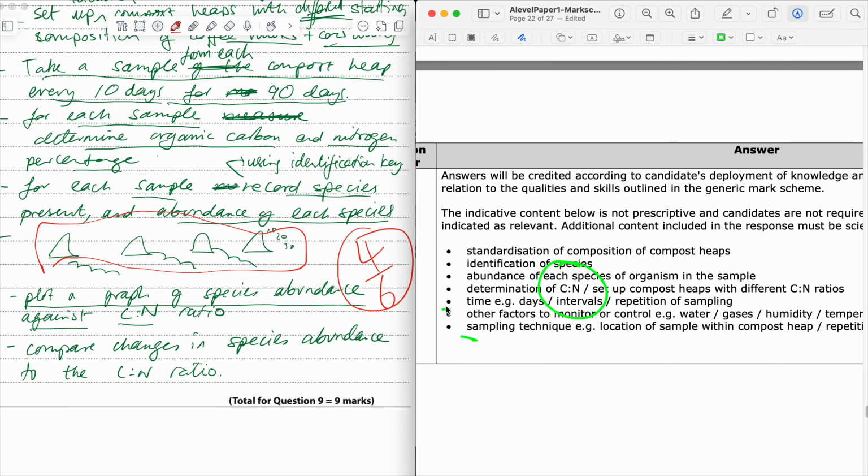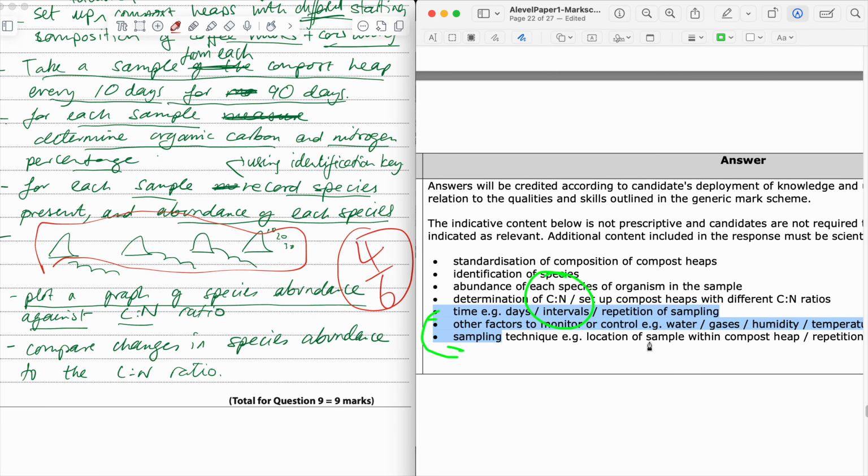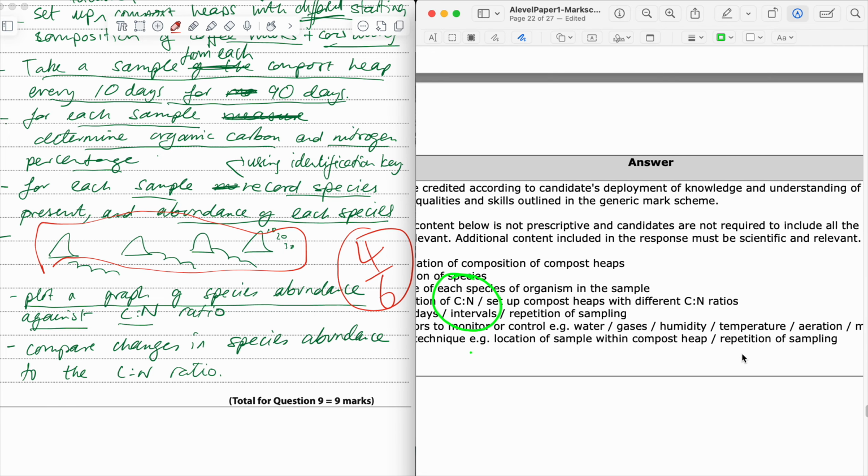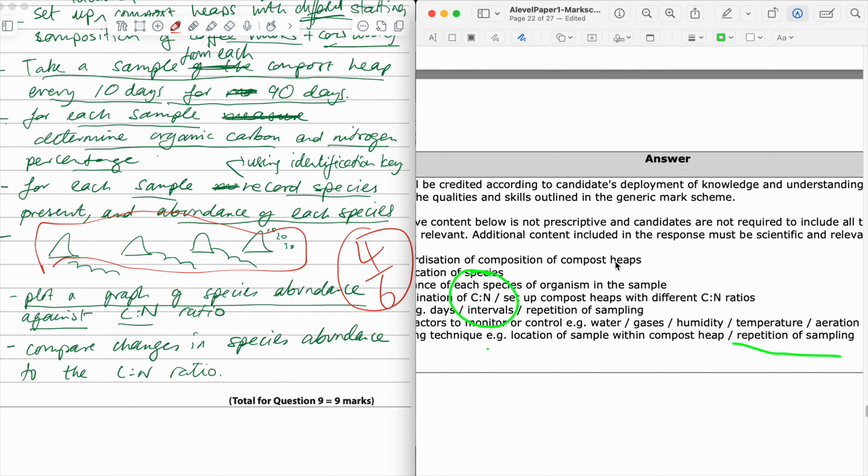I don't think I got these last two marking points. I didn't talk about what I was going to keep the same in terms of other factors that could affect the rate of the succession, and I didn't talk about repetition of sampling. So just remember, when it's a question like this, when it is very much off spec and you have to create a new practical, always go back to your basics.